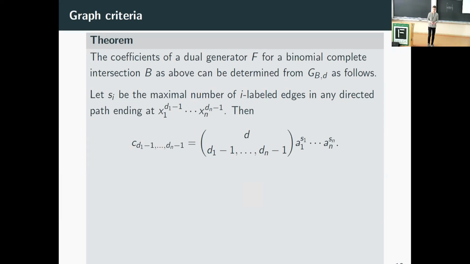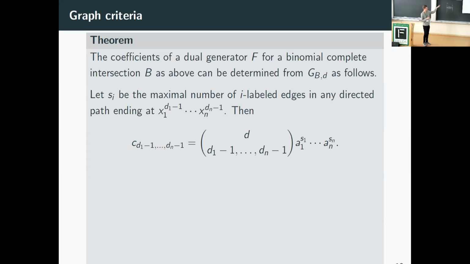So d here being the Socle degree, we have only one special guy, this x1 to the d1 minus 1, up to xn to the dn minus 1, that corresponds to a basis element from our monomial basis that we had. So this guy will be special. To determine the coefficient of this guy, it will always be non-zero.